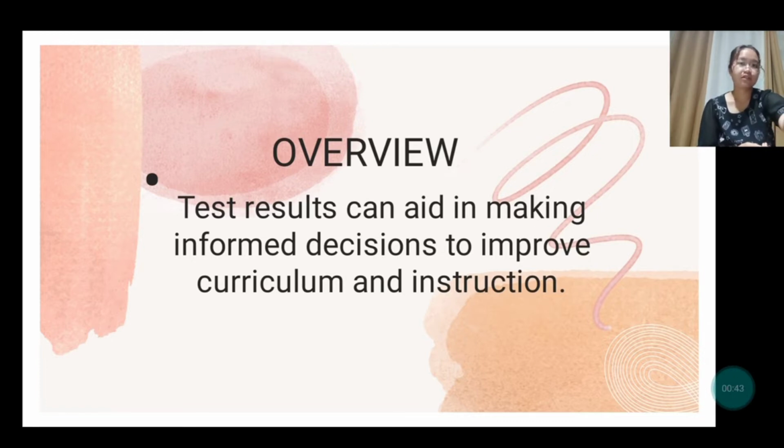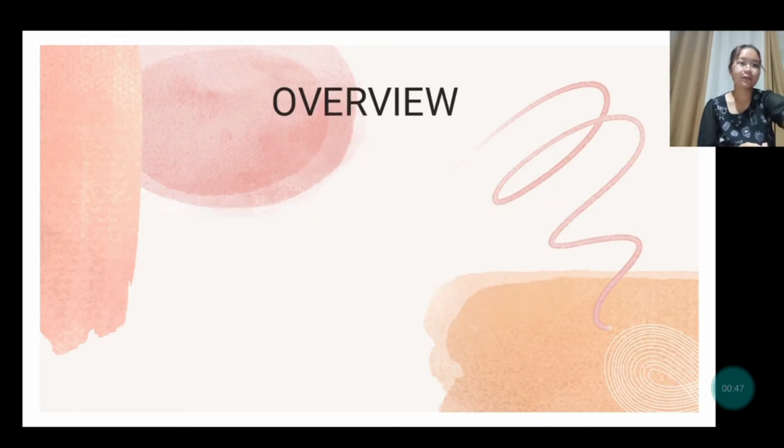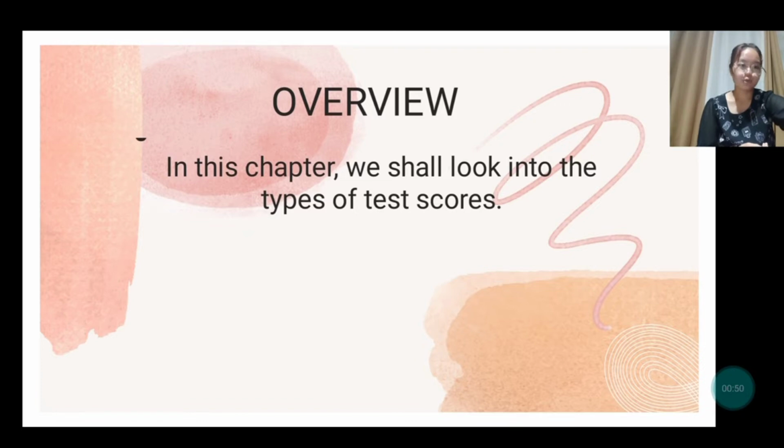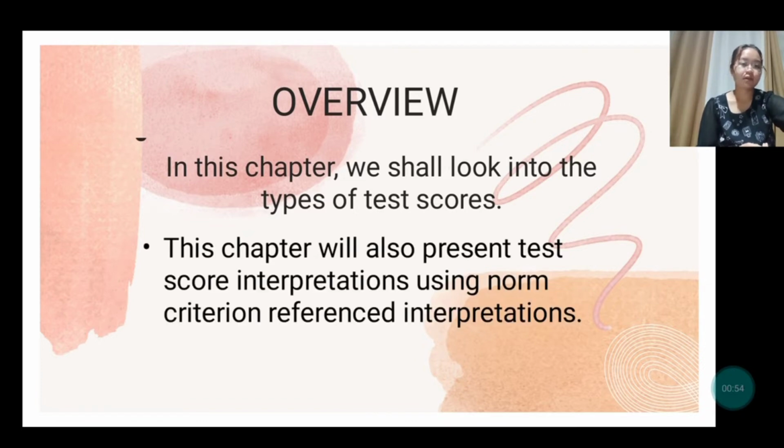We shall look into the different types of test scores and interpret the scores as well. And lastly, this chapter will also present test score interpretations using norm and criterion-referenced interpretations.